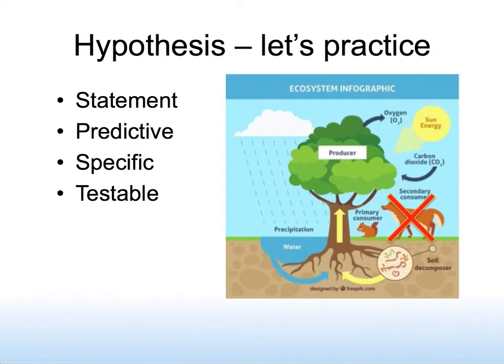So our statement might sound something like, when foxes are removed from that ecosystem, the squirrel population is going to increase due to a lack of predation, and therefore the vegetation population, the trees and the green elements of the ecosystem, are going to be reduced because of the enhancement in the number of the primary consumer, the squirrel. So that's a very specific hypothesis that we can test.